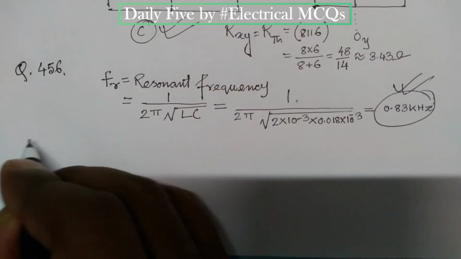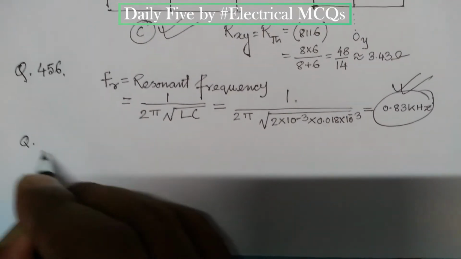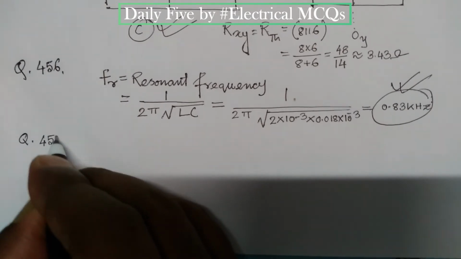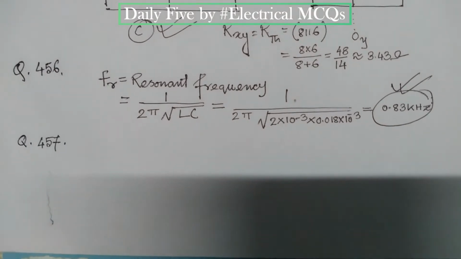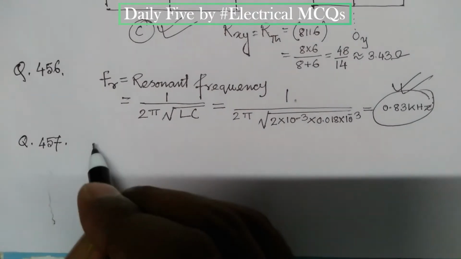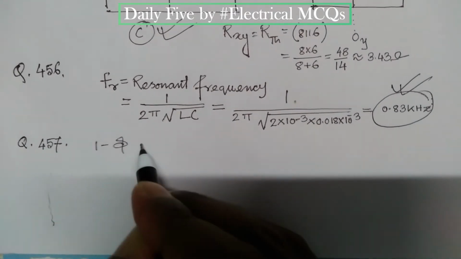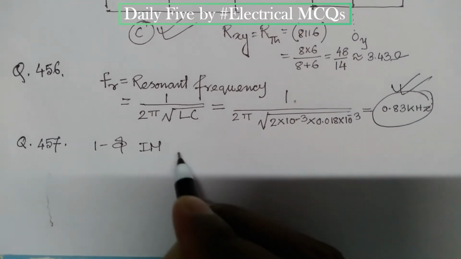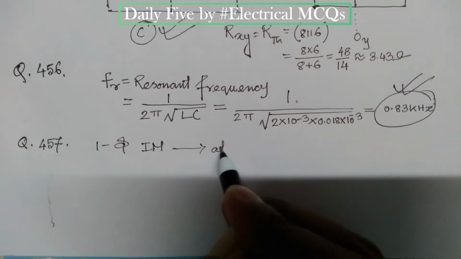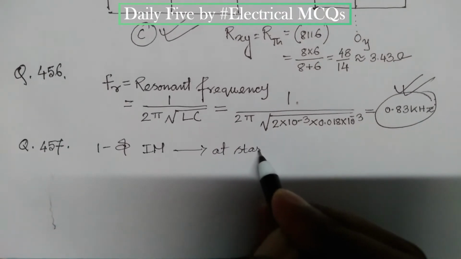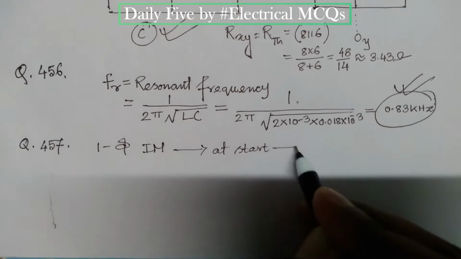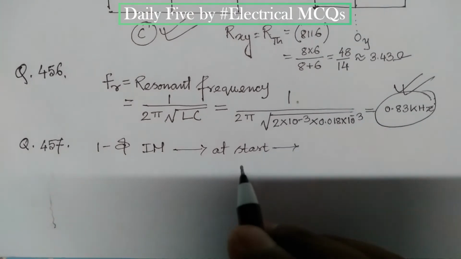We will go for question number 457. What it says, what is the torque developed by a single phase induction motor at starting? We know that for a single phase induction motor at start, there is no rotating field.